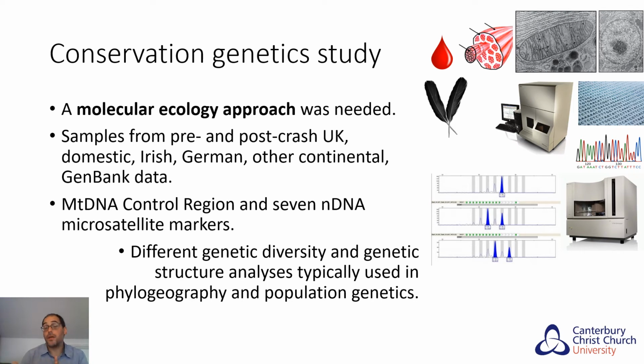And then the other question we ask is, okay, now that we have this variation, this genetic diversity, how is this genetic diversity structured across the populations? Do we see that individuals from different populations share those variants, or do we have populations that do not share those variants? So this is talking about the genetic structure of the population. So these are typical approaches that we use in phylogeography and population genetics.